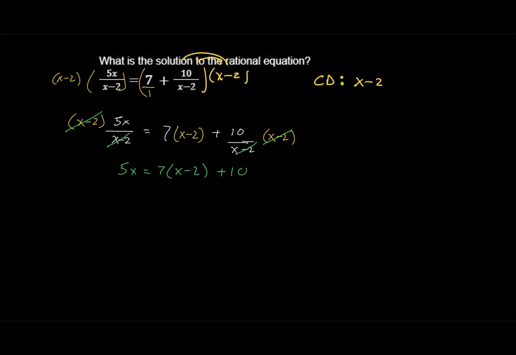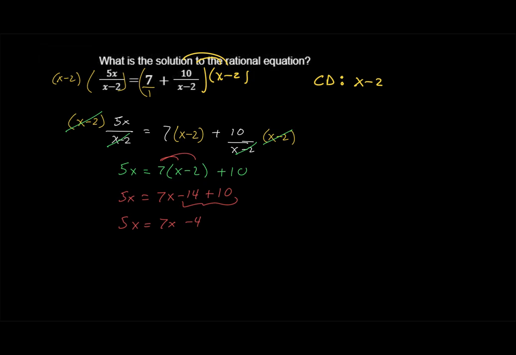Once you get rid of the fractions, you just simplify doing distribution and then solve it like a linear or a quadratic depending on the situation. So we'll distribute the 7 through. That gives me 7x minus 14 plus 10, and combine like terms. So we have 5x equals 7x minus 4.